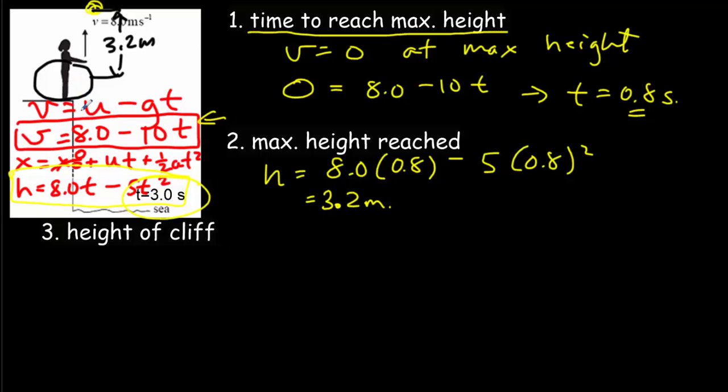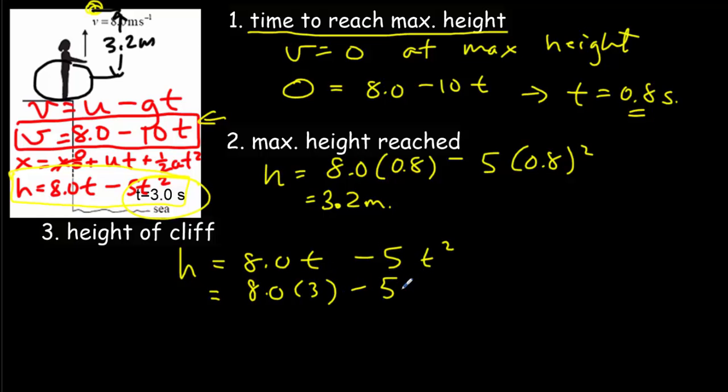And lastly, we're asked for the height of the cliff. So what we're going to try to do is figure out what's the height of the ball when it hits the sea. We know it takes 3 seconds to hit the sea. And our height is given by 8.0 times the time minus 5 times the time squared. So let's put in 3 seconds. 8.0 times 3 minus 5 times 3 squared.